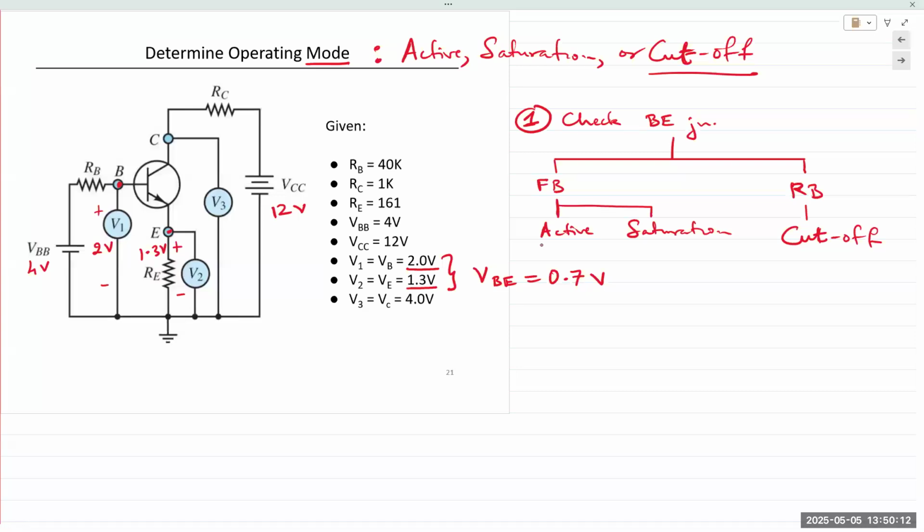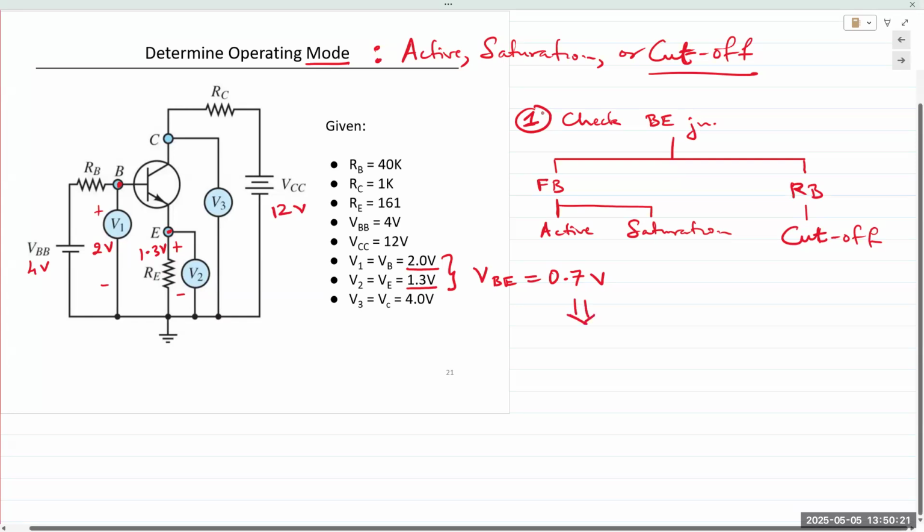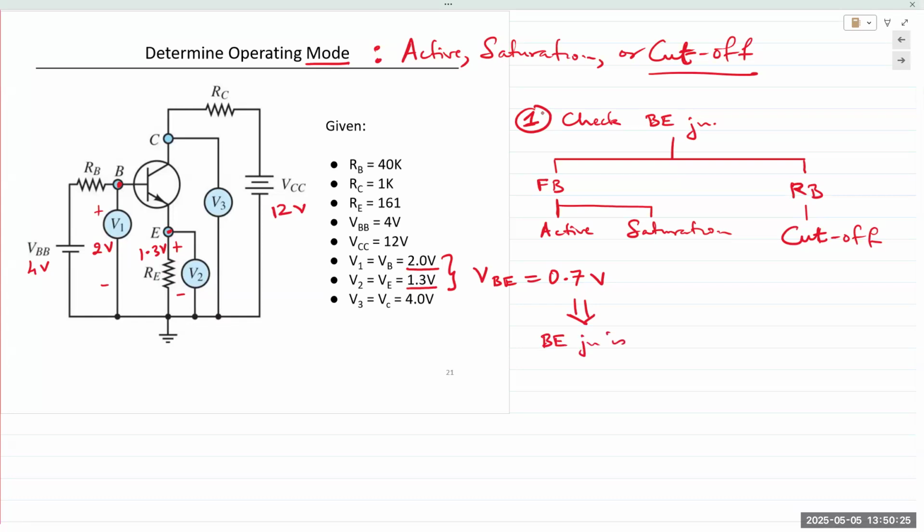But the number 0.6 to 0.7 is a clue that the base emitter junction is forward biased. So definitely not cutoff. It's either active or saturation.